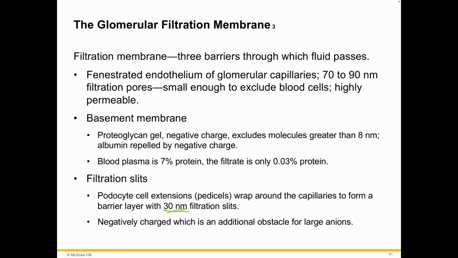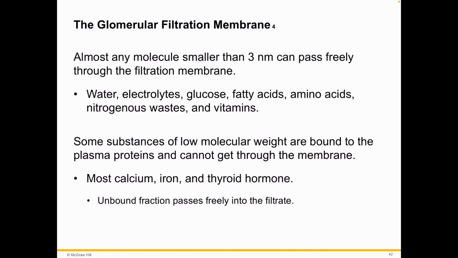And so that's going to prevent large items from coming through that particular stage of the barrier. Also, it's a little bit negatively charged, which means that larger negatively charged anions are going to be repelled. So mostly it's a size related issue and somewhat a charge related issue. But as long as it's smaller than 3 nanometers, it pretty much passes right through this membrane.